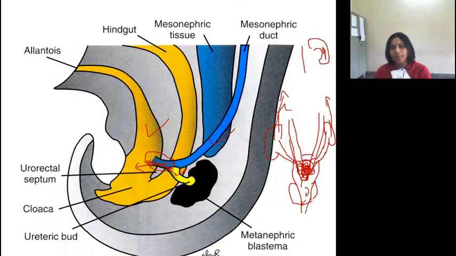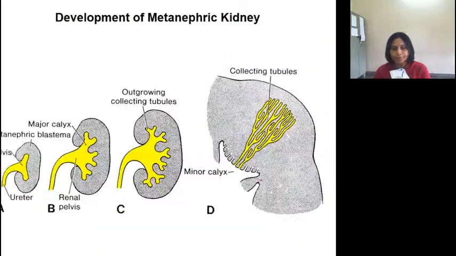These ejaculatory ducts will be opening into the posterior wall of the prostatic part of the urethra. So this is the development of the bladder here, and then the ureters and mesonephric ducts.